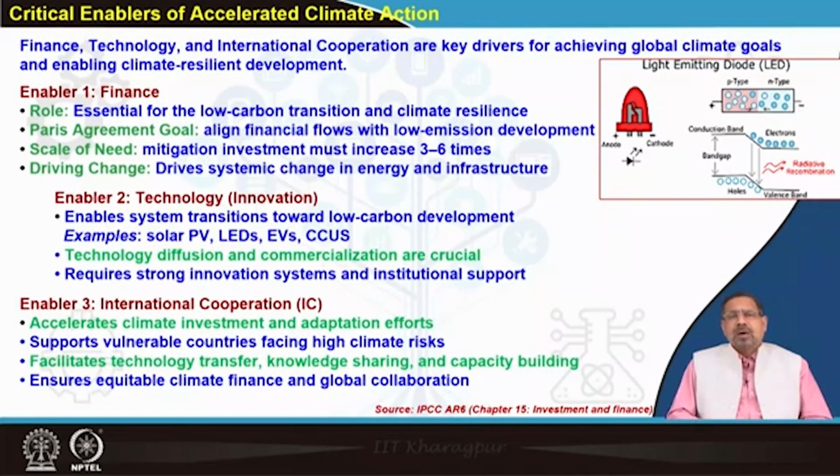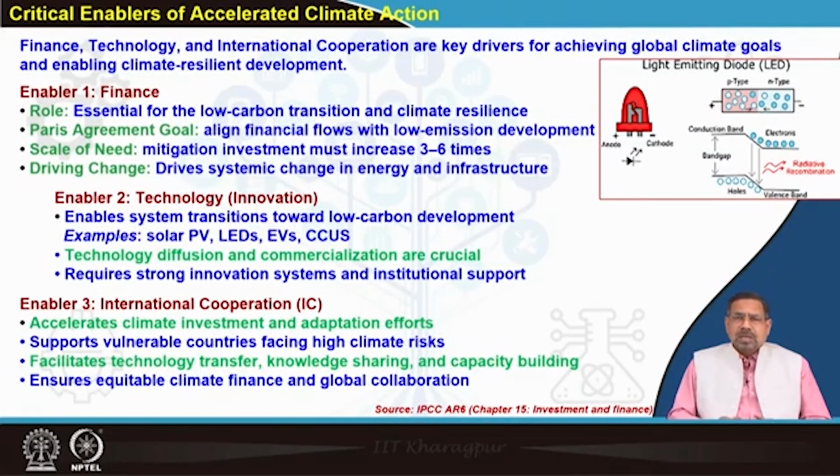And then the EVs, the electric vehicles we have been using, and also the technology practiced in terms of carbon capture, utilization and storage. Technology diffusion and commercialization are also very crucial. And in terms of technology, it requires strong innovation system and institutional support.